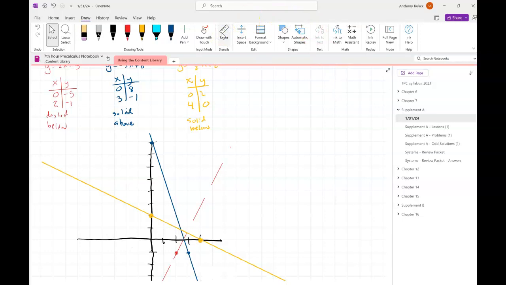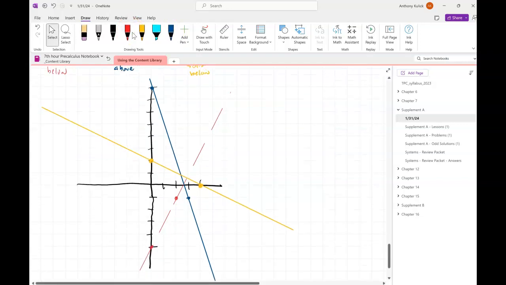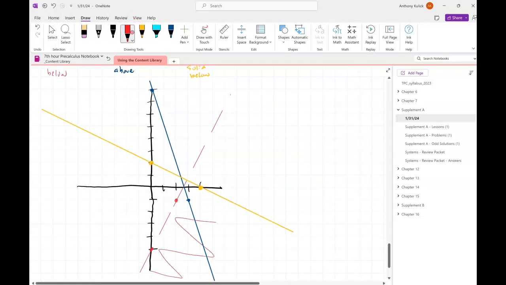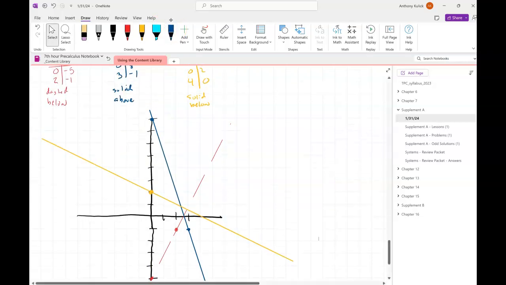So for the red line, we're doing below, so we have to be like there. For the blue line, we're above.